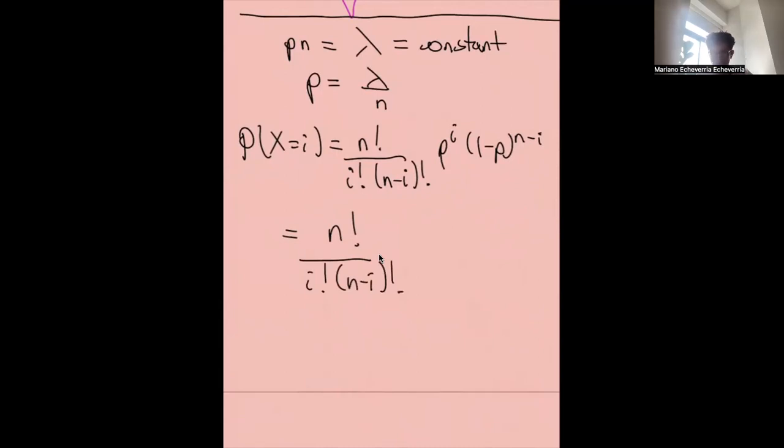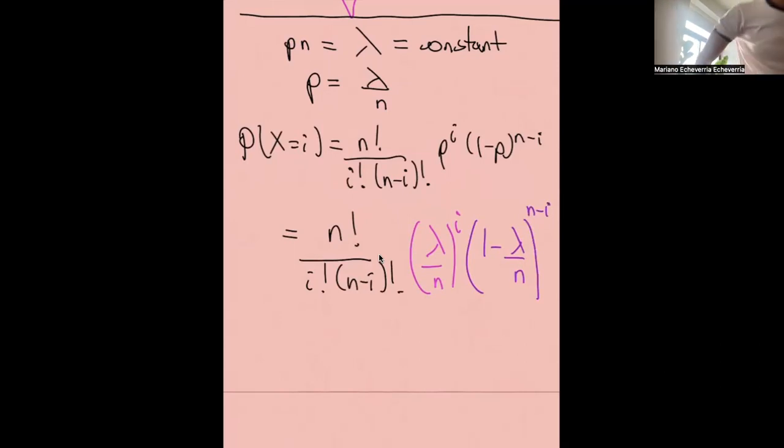P now becomes lambda over N to the I. And this one becomes 1 minus lambda over N to the N minus I. Now lambda is a constant, so this expression just depends on N. That's the good thing.